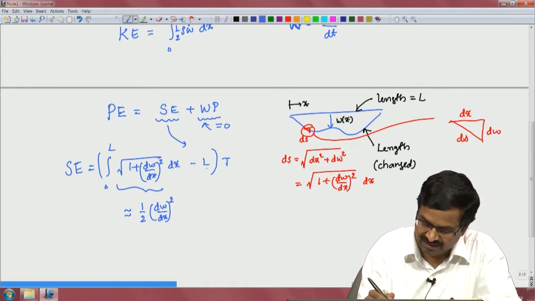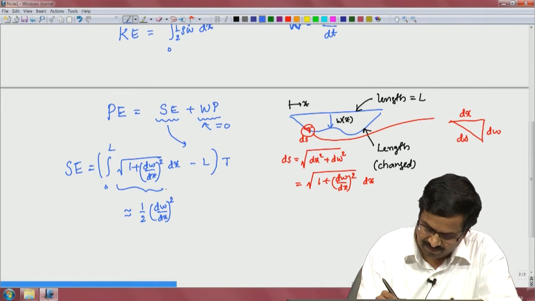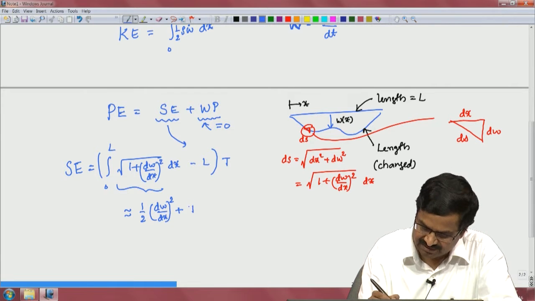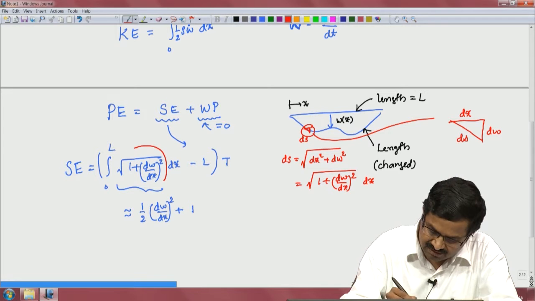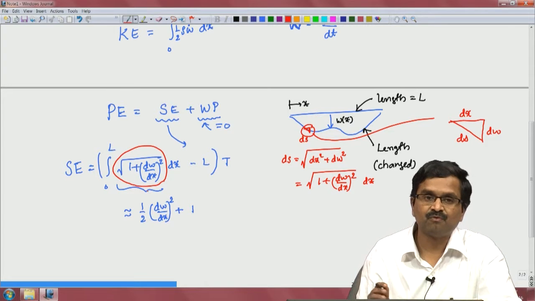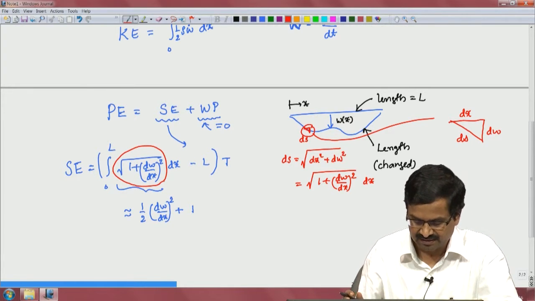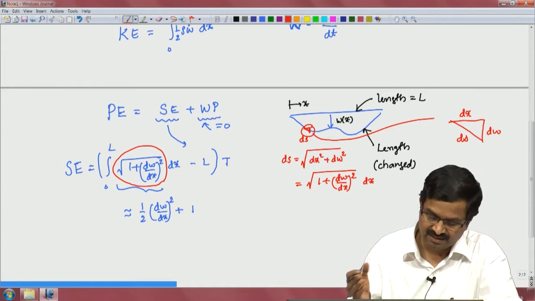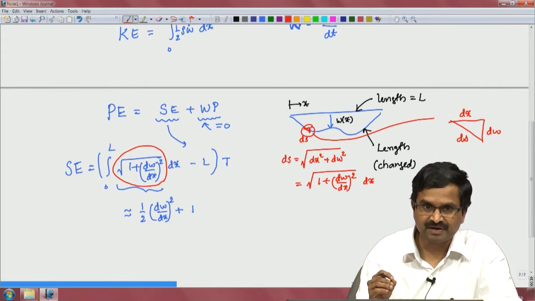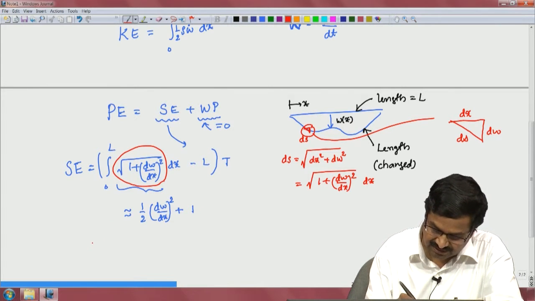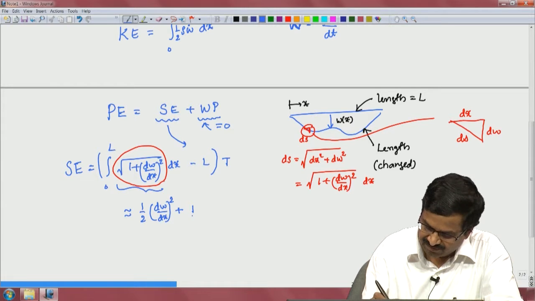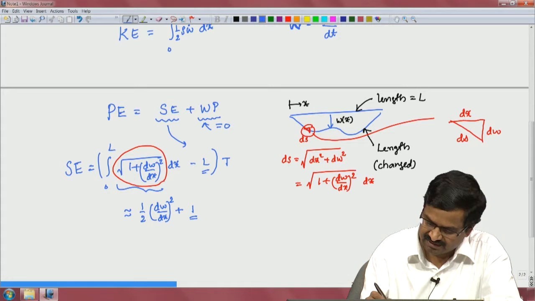The 1 will become dx and it will cancel L. So I am approximating only this portion. When you integrate it, that will lead to L, and that will cancel this L.